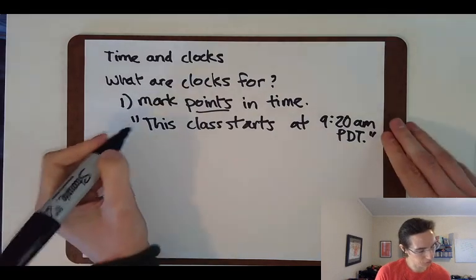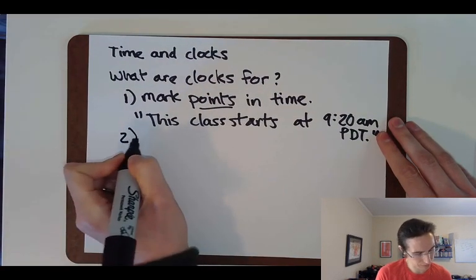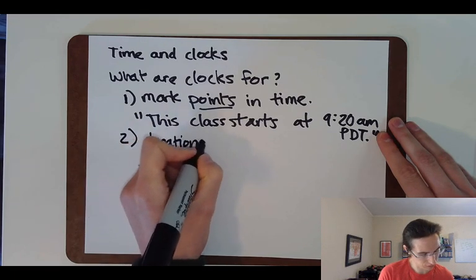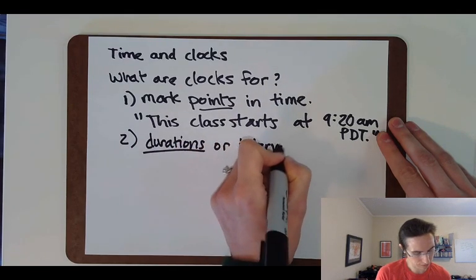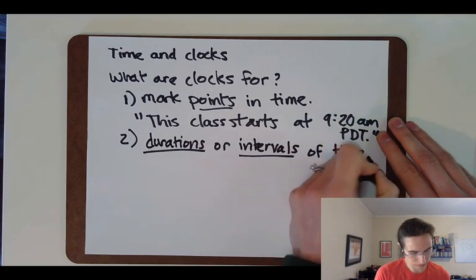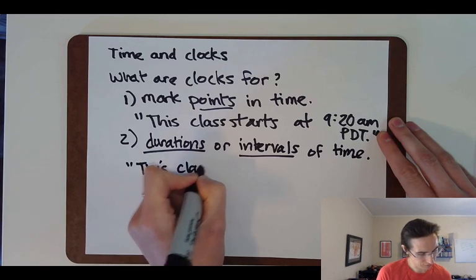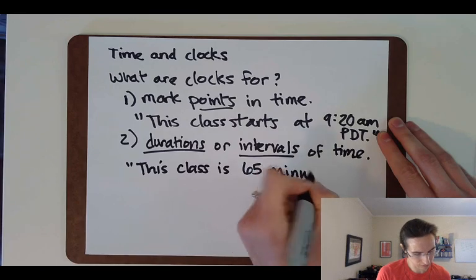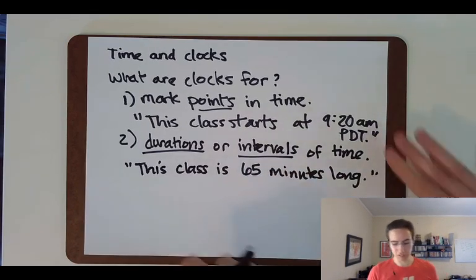Timeouts are for discussing durations or intervals of time. So this class is 65 minutes long. That's an example of an interval.